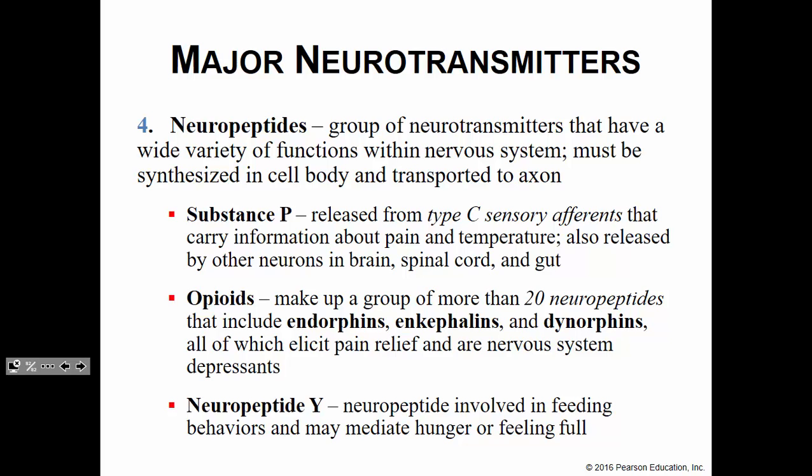You oftentimes hear about somebody that's an avid runner, that they run so long until they have this endorphin release. This is a high that they experience. And then there's neuropeptide Y that's involved in your feeding behaviors. It helps you to feel either hungry or full.